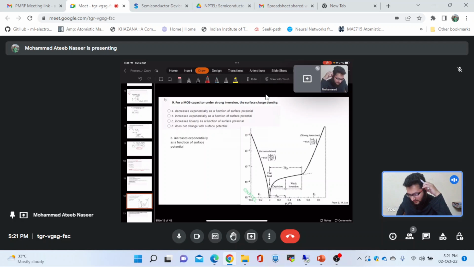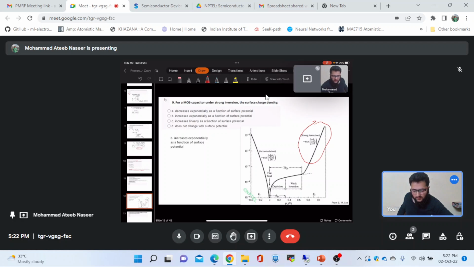It says that if we have some MOS cap which is in strong inversion, what will happen to the surface charge density? As is seen from the plot over here, in strong inversion there is an exponential dependence. So this surface charge density will increase exponentially as a function of the surface potential, as is clear from the plot.